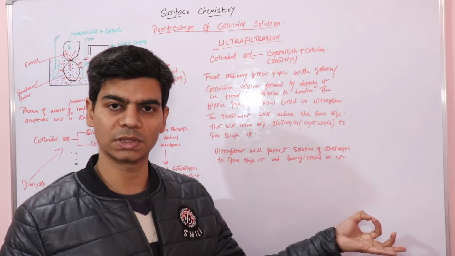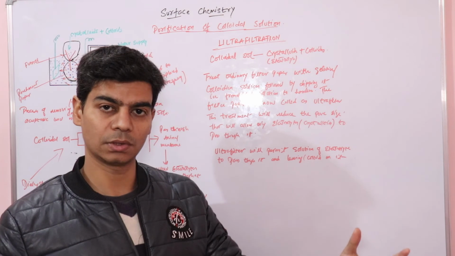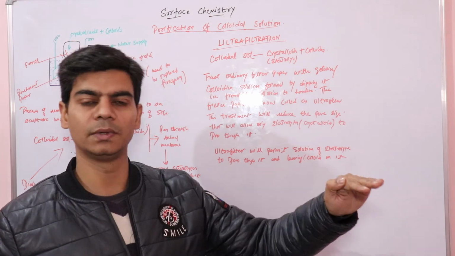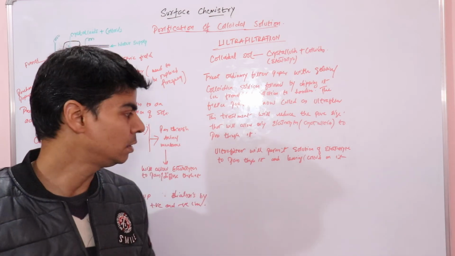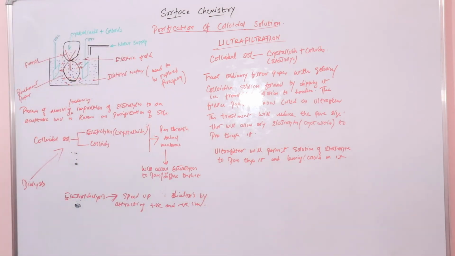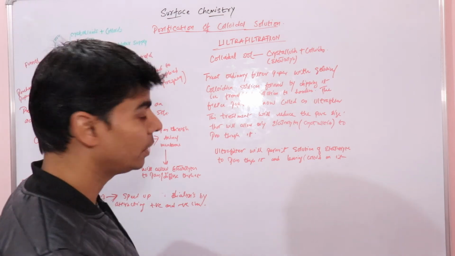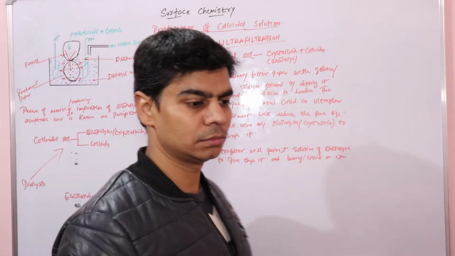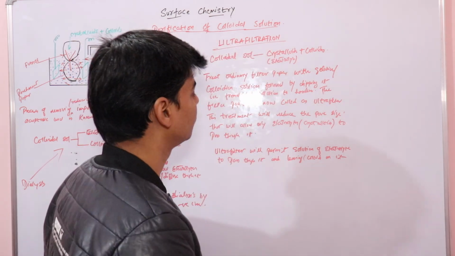That will reduce the pore size, so it will allow solution of electrolyte or crystalloids to pass through it, and colloids will remain on the filter paper. That can be treated with the dispersion medium to get back the pure colloidal solution, right? Now we have a third way of purifying the colloidal solution, which is known as ultracentrifugation, right?